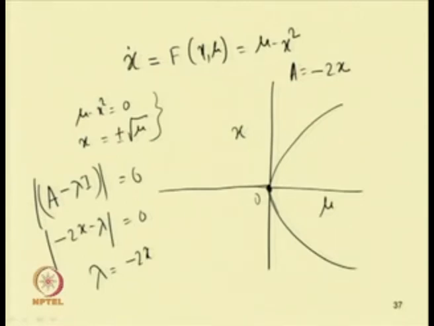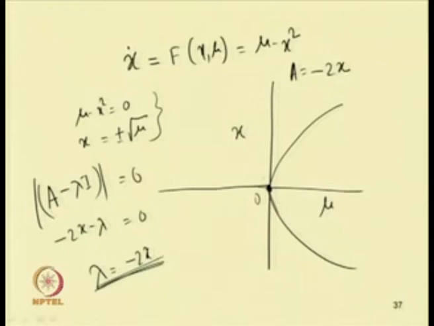By finding the first derivative, we get A equal to minus 2x. So, A minus lambda I equal to minus 2x minus lambda equal to 0, so lambda equal to minus 2x. The eigenvalue becomes minus 2x. So, at mu equal to 0, x equal to 0, we will have a 0 eigenvalue.